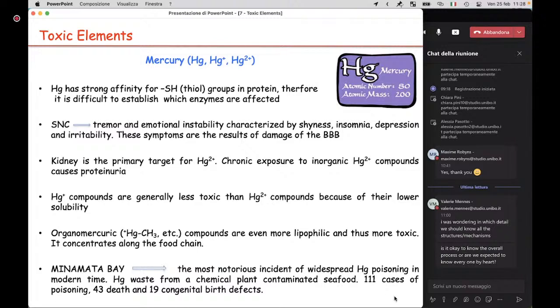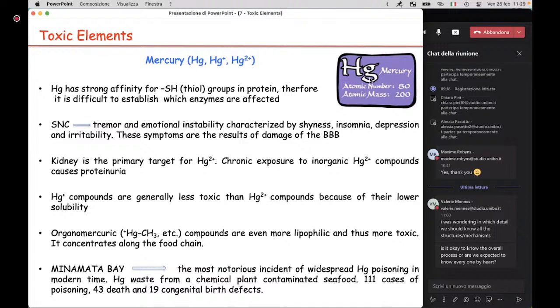More than 100 people were poisoned with mercury, and about 50 of them died, and also cases of congenital defects were observed. So this is a demonstration that probably mercury is also toxic toward the DNA. It can cause mutation, it is a mutagen, and a teratogen.